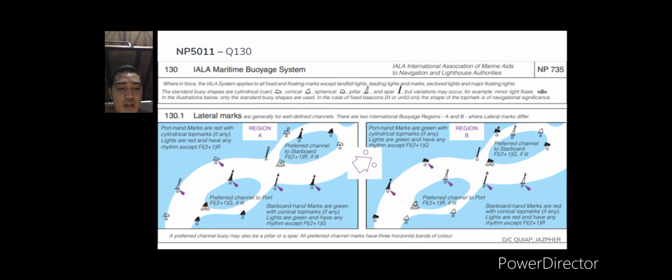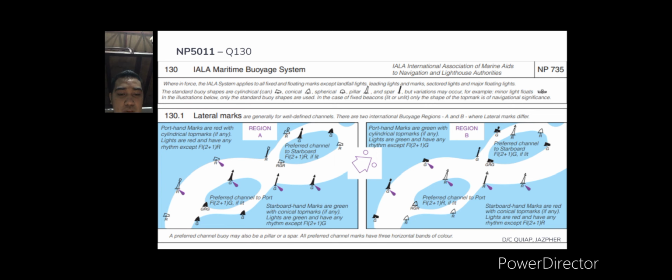To reiterate, the IALA system applies to all fixed and floating marks except landfall lights, leading lights and marks, sectored lights and major floating lights. The standard buoy shapes are cylindrical, conical, spherical, pillar, and spar, but variation may occur.